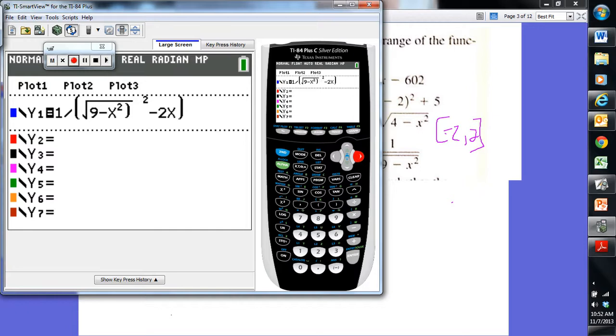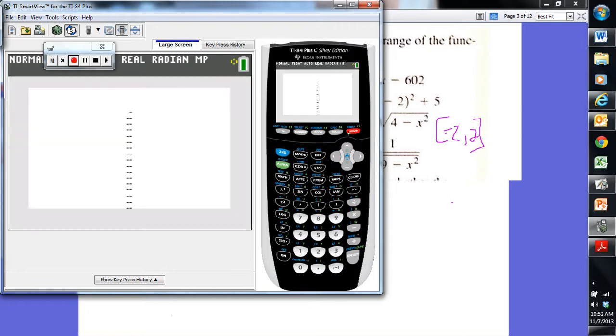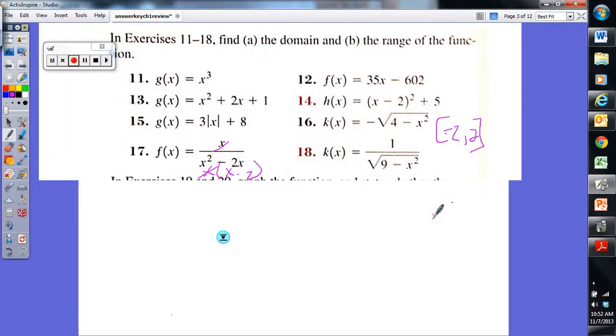I have to get rid of all the rest of this stuff. It's also going to have a funky domain from negative 3 to 3.